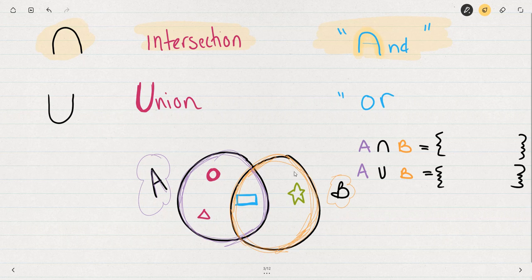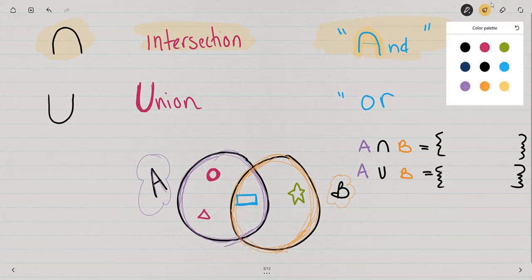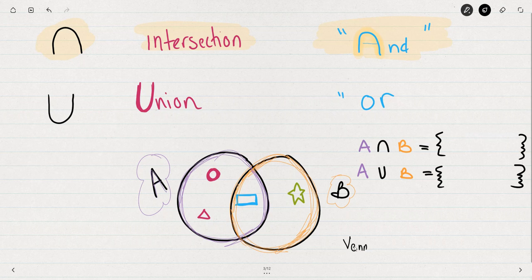Down below I have a Venn diagram, and I could use this Venn diagram to look at the intersection of A and B. A and B means give us everything that's in both set A, that's the purple set, and set B. The only thing that's in both is that rectangle, the blue rectangle.